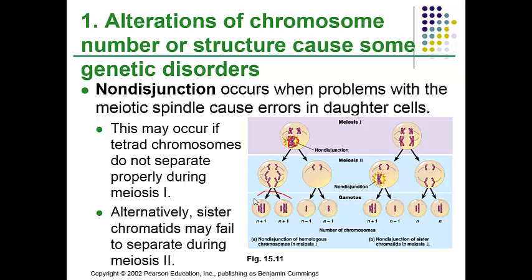As a result, some of the gametes have too many chromosomes, some of the gametes have too little. Here you see nondisjunction occurring during meiosis 2, where the sister chromatids fail to properly separate. And this is also going to result in some gametes having too many chromosomes and some gametes having too little chromosomes.